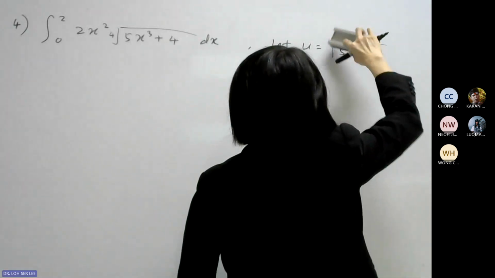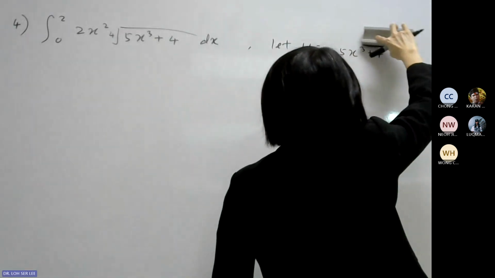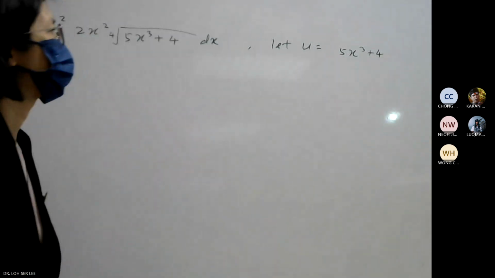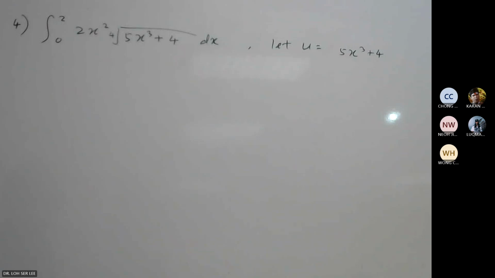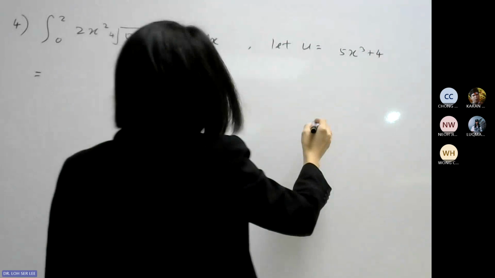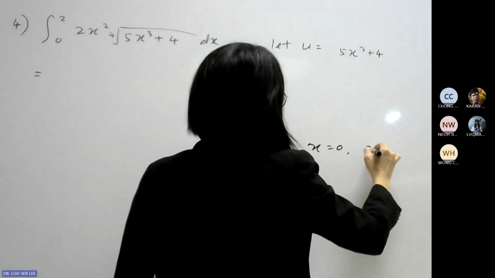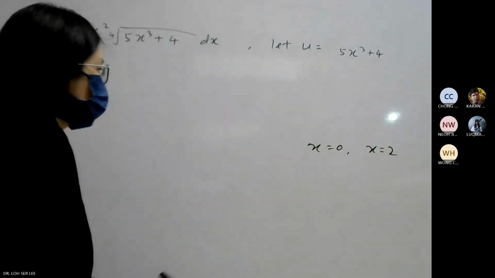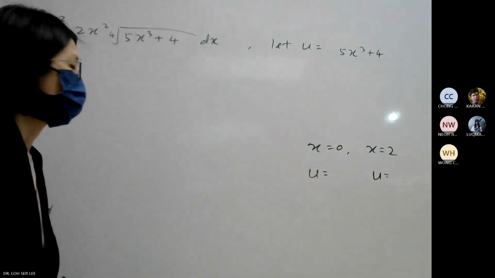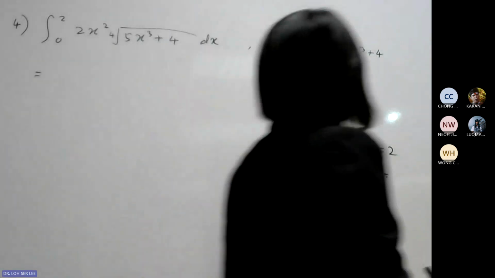I think this one would be easier. Okay, so x is 0, x is 2. So you need to find the new u values. Then substitute one by one.